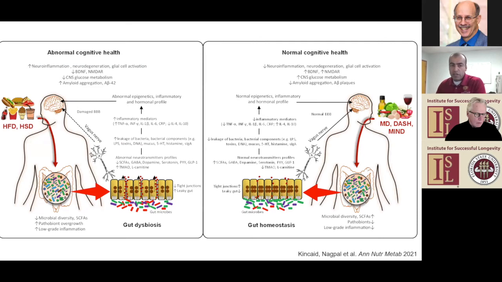Our focus is mainly on how high-fat diet and sugar diets affect this gut-brain axis, and how we can improve this abnormal gut-brain axis using Mediterranean diet or anti-hypertensive diet, or a combination of the two, what we call the MIND diet.